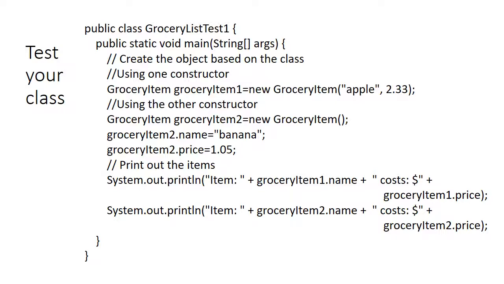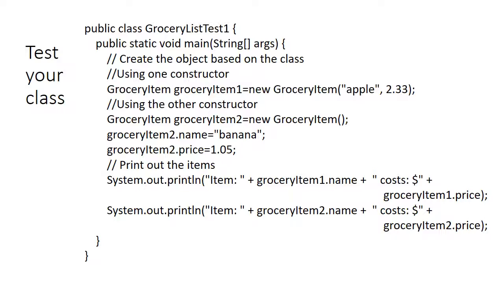Here's the test program for the grocery list class. The first thing you want to do is make sure that you exercise both constructors. So the first constructor we're exercising is the one that has the two parameters passed to it. We pass apple to it and $2.33 for the price of apple. Then we go on and we use the second constructor to create a second grocery item.